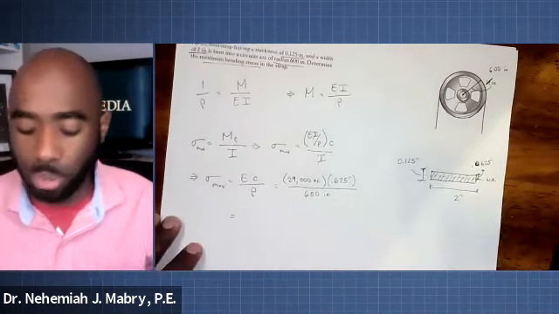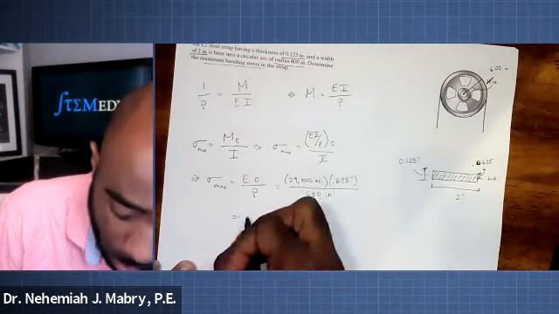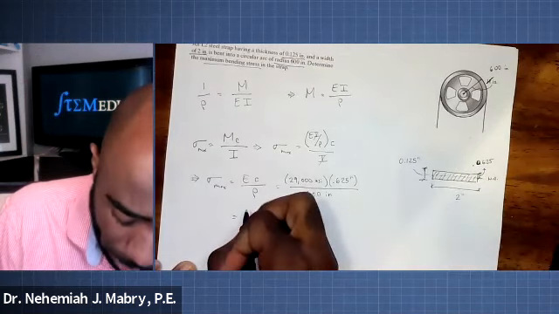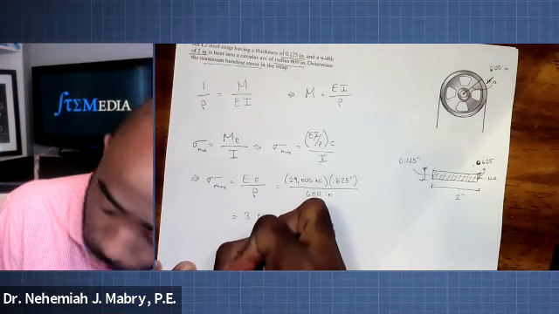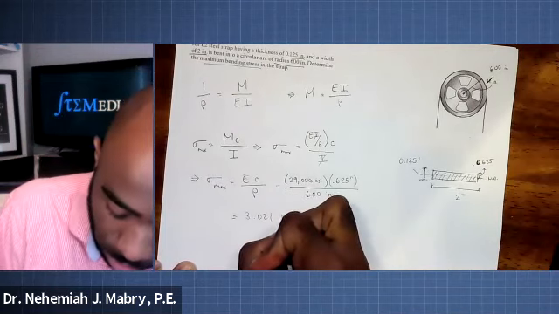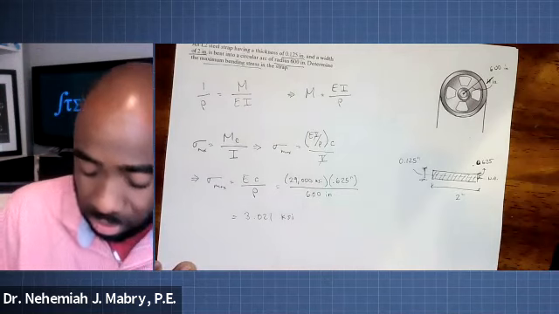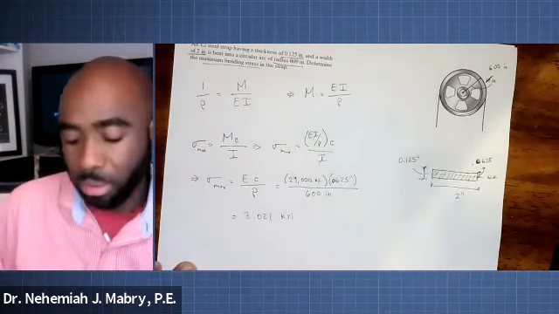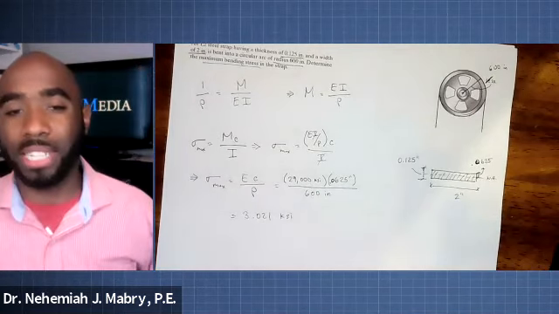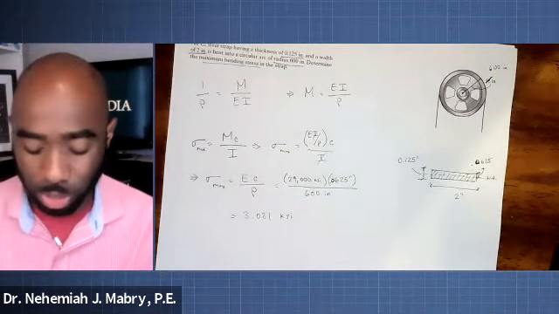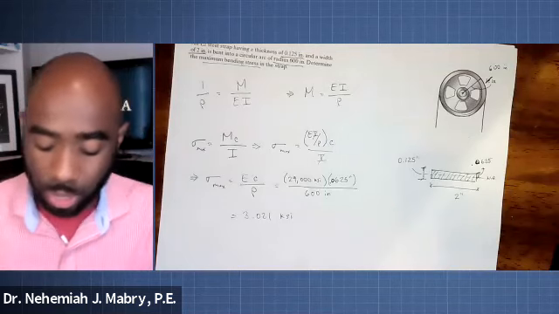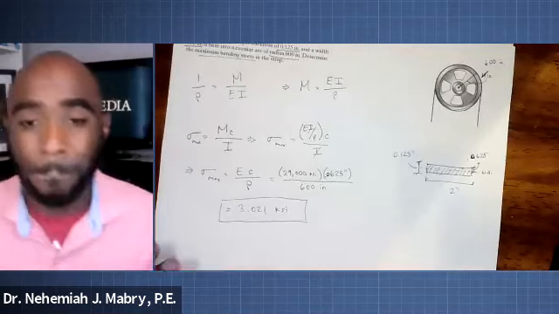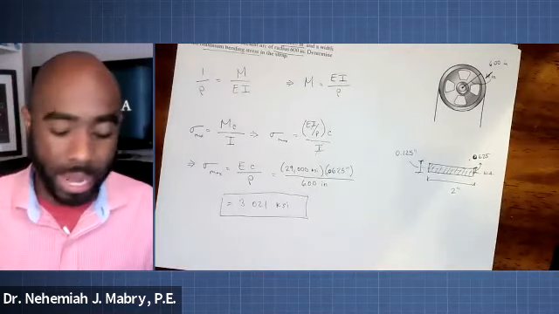If that change is made correctly, then this should be an answer of 3.021 KSI. So this is 0.0625. Glad I caught that. Make sure you make that change correctly when you go through it yourself. All right, 0.0625 will give you this value as our maximum bending stress. Get it? Got it? Good.